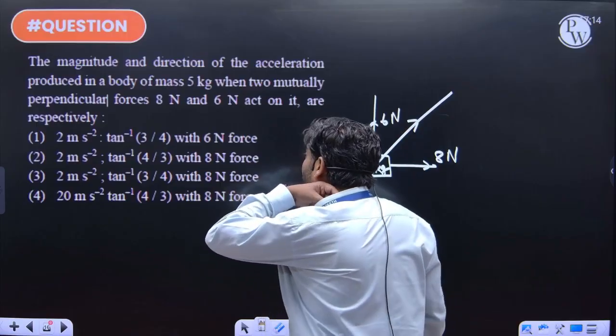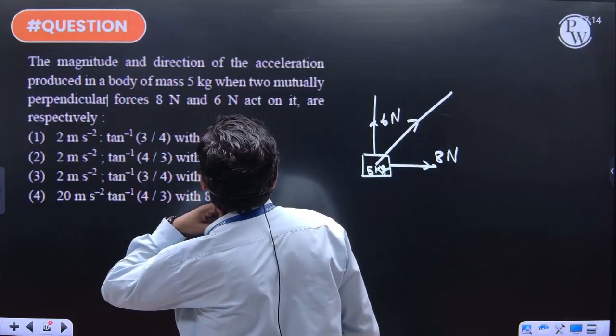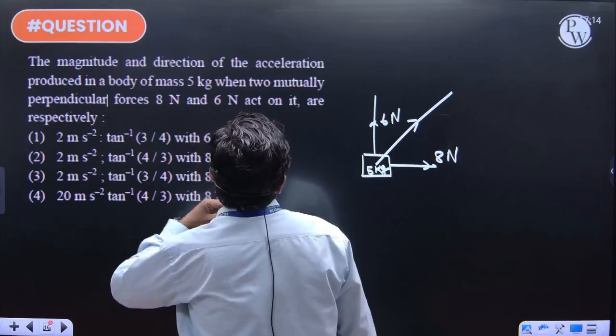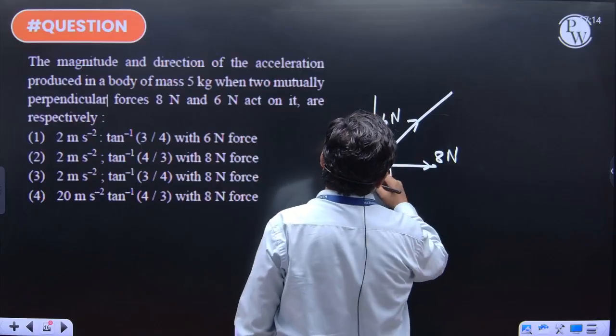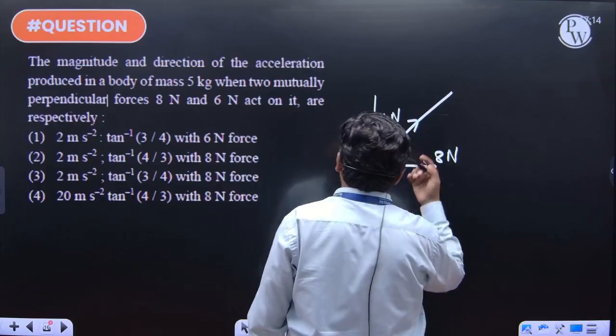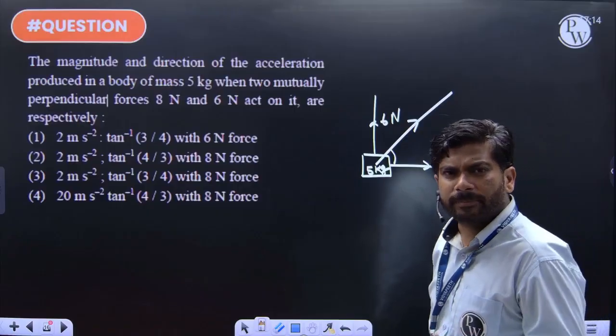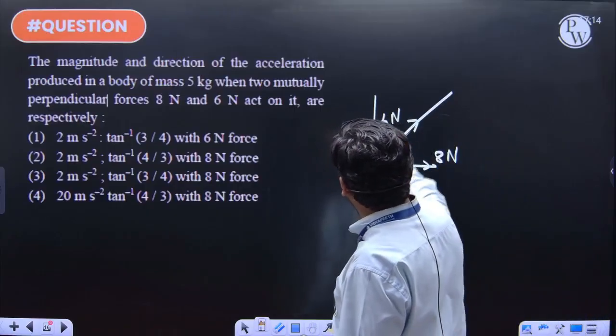You have to find out the magnitude and direction of the acceleration. Direction is very easy. The direction of acceleration will always be along the direction of the net force. This is the direction of the net force.